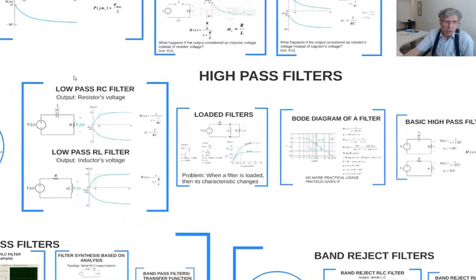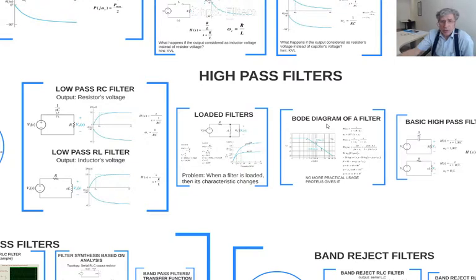We are seeing this is written wrong, that should have been high pass. We're going to see that high pass filters can be constructed from low pass filters. What happens when we load the filters, we will be examining. Bode diagram is a terminology already used in circuit theory.